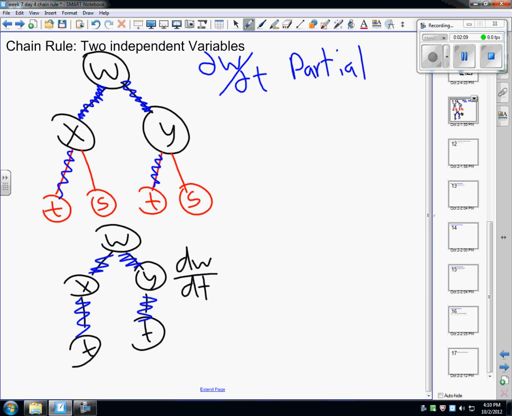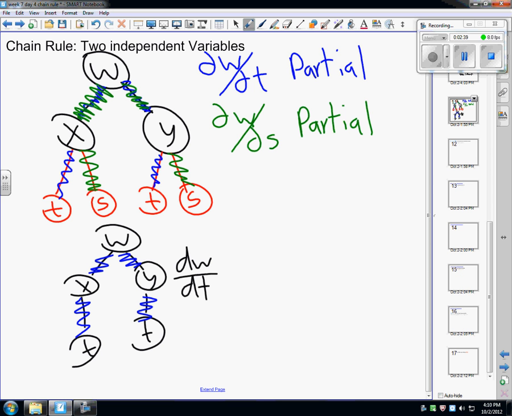So on this, I'm only going to be able to give you a partial with dt, and I can also give you a partial in terms of S. So it would be a partial W with a partial S, and that one would be slithering through same start, but break over here, same start, and break over there.